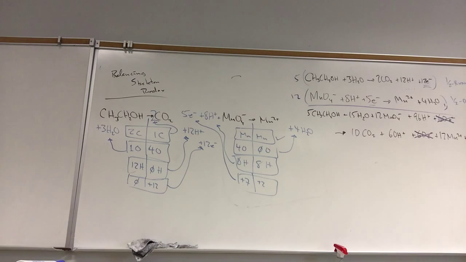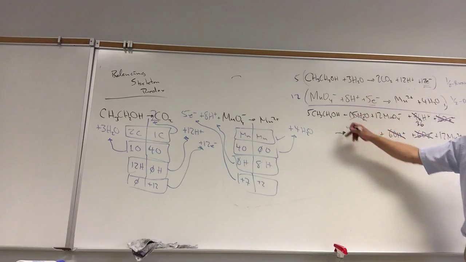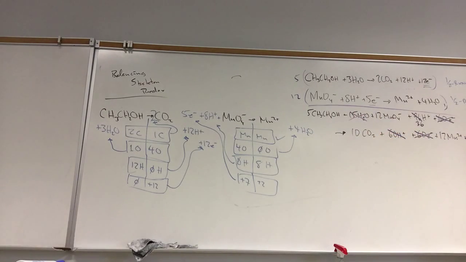We can also simplify in other ways, because when we look at this, we have 60 H pluses as product, 96 H pluses as reactant. So let's get rid of 60 of those. That leaves me with 36 H pluses here. What else can we simplify? 15 H2Os, let's get rid of those. Take off 15 from here, which would give me 33 H2Os.